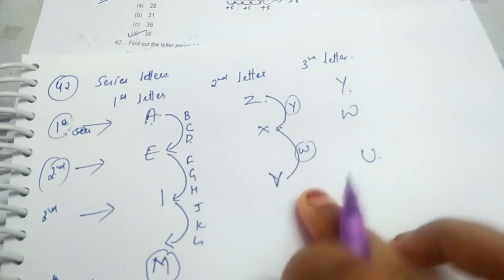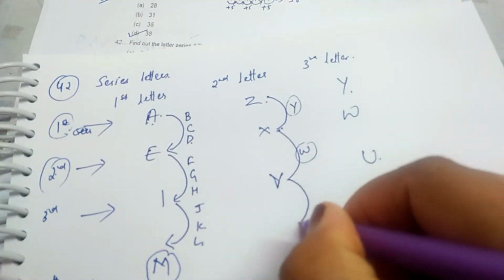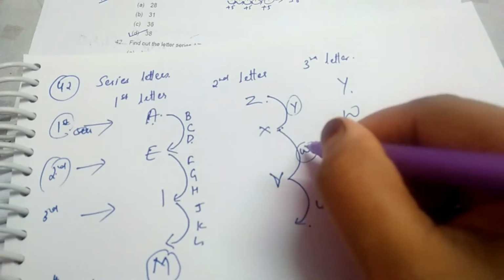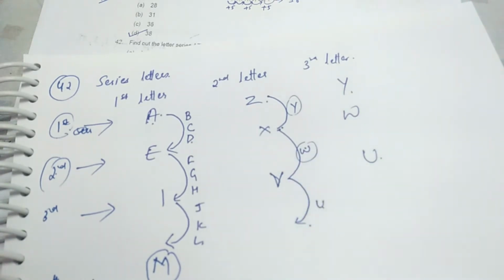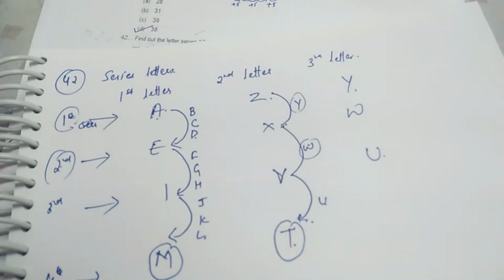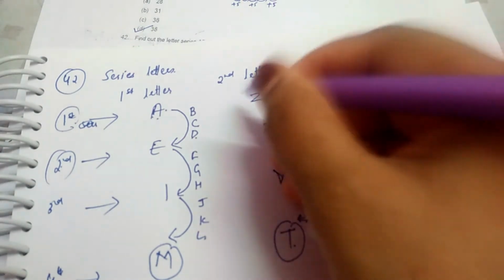Only one letter is skipped here, again backward. So what can the next letter be? U, V, W, right? Before U, which letter will come? T, right? So the second letter for the series is T. It's nothing but T, U, V, W, X, Y, Z.